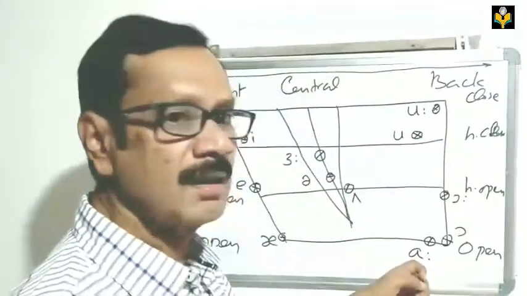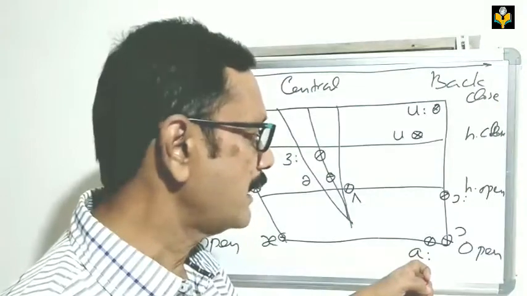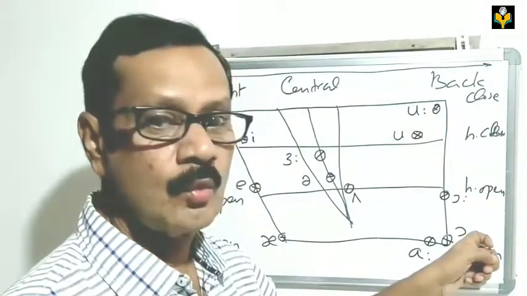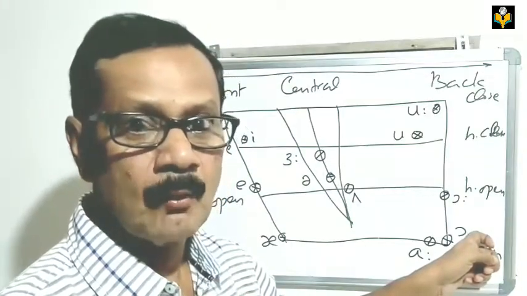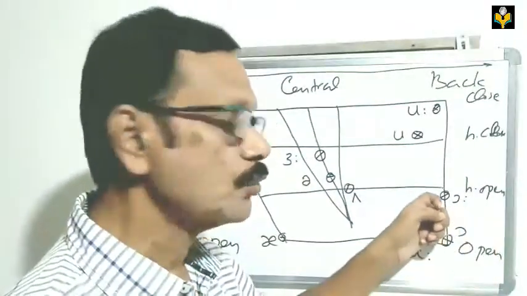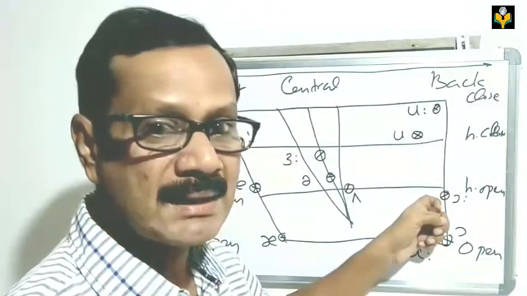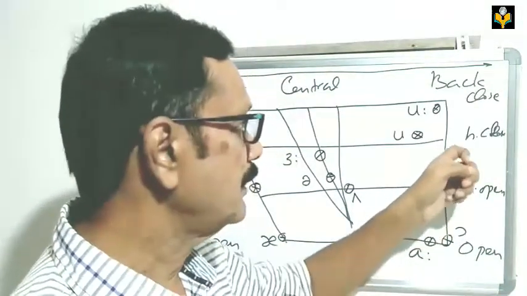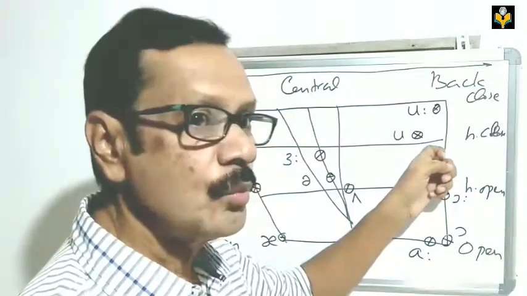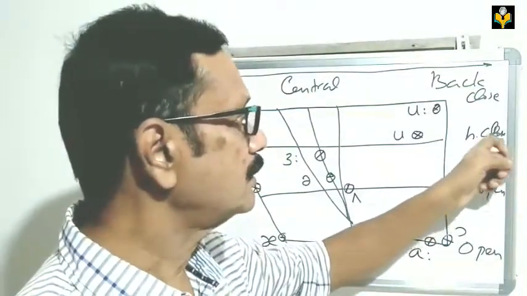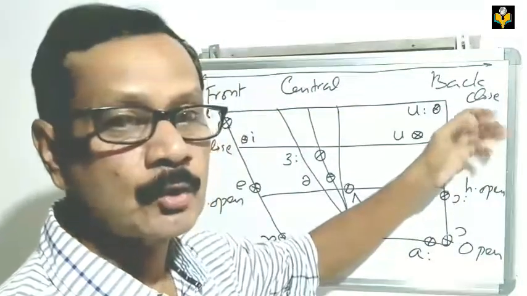Here it is back, open, unrounded. This is O, back, open, rounded. This is O, all, that is back, half open, rounded. This is U, back, half close, rounded. This is U, back, close, rounded.